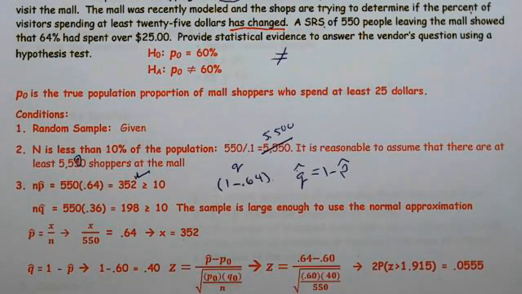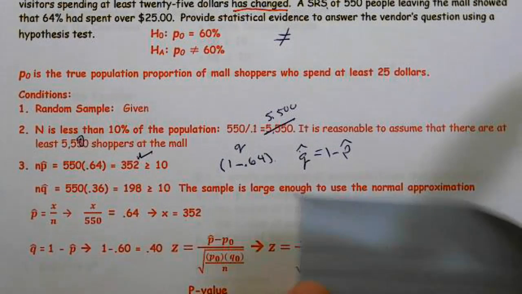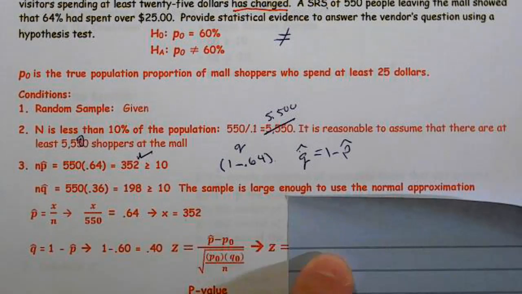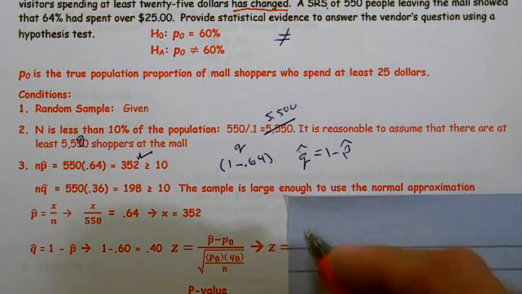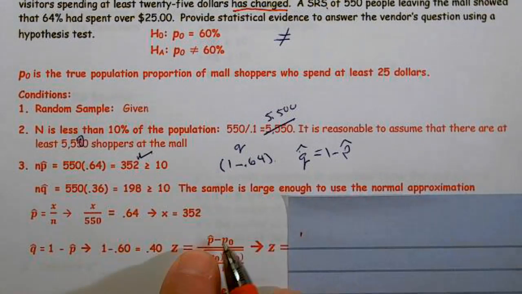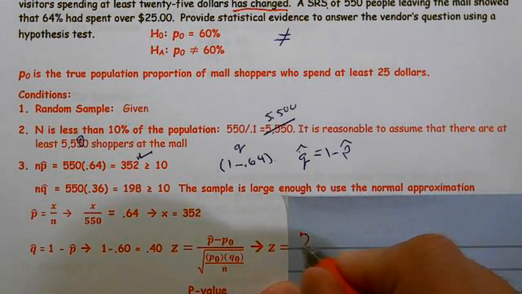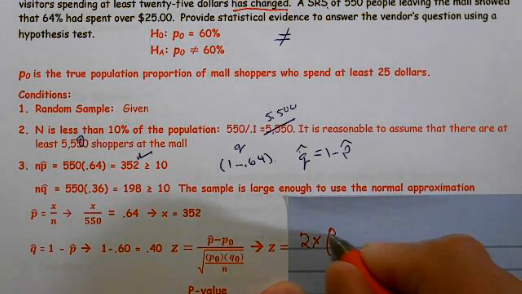All right, the next thing we need to do is write down our formula, which is p hat minus p naught over the square root of p naught q naught divided by n. When I plugged in, I probably should have plugged in like this. I should have been writing the probability. Well, first off, we know 0.64 is greater, so we should be writing 2 times the probability.